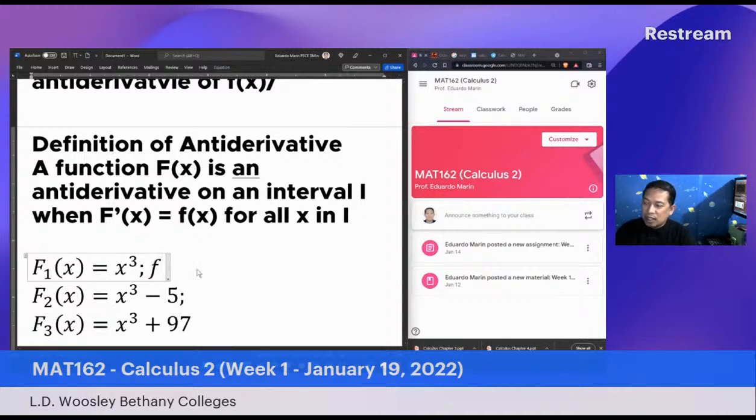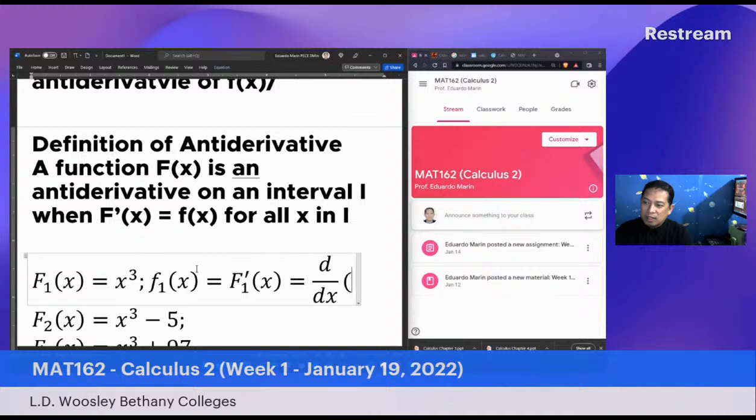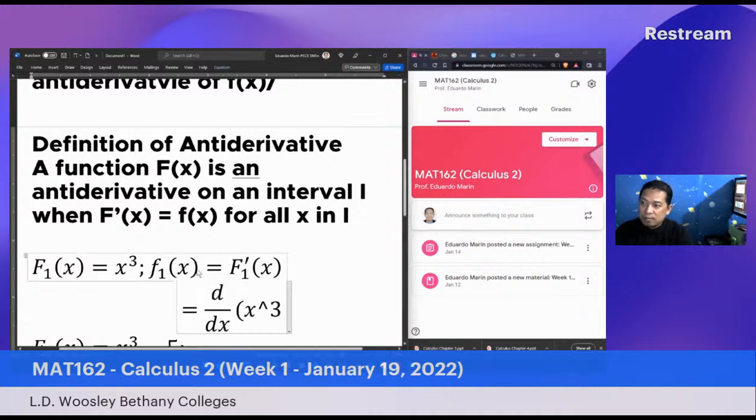It follows that f of 1 prime of x, which is the derivative, is d over dx of x cubed, which is equivalent to 3x squared. Right?